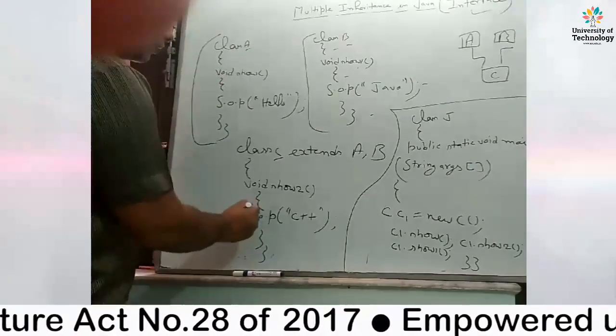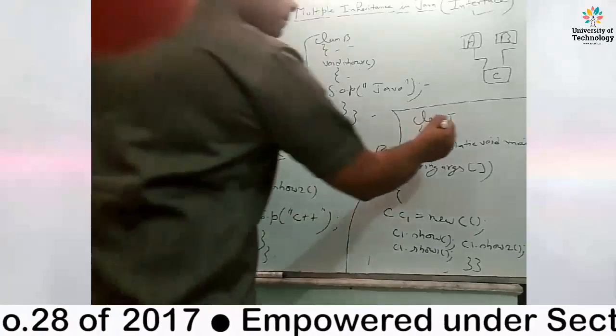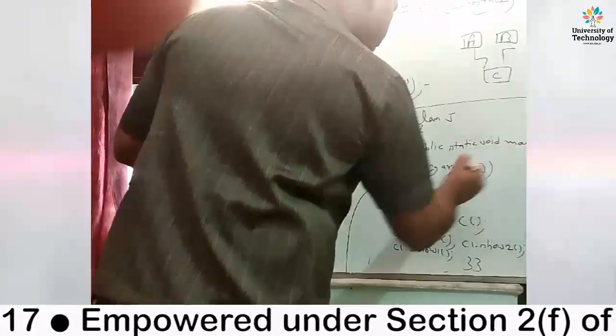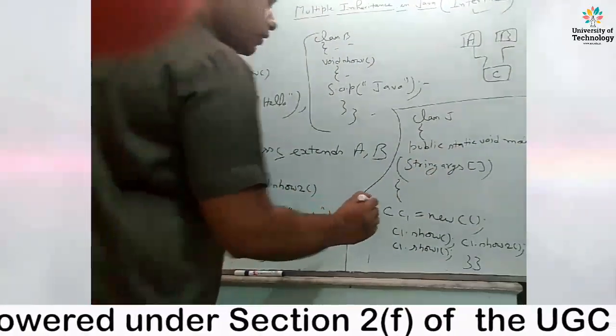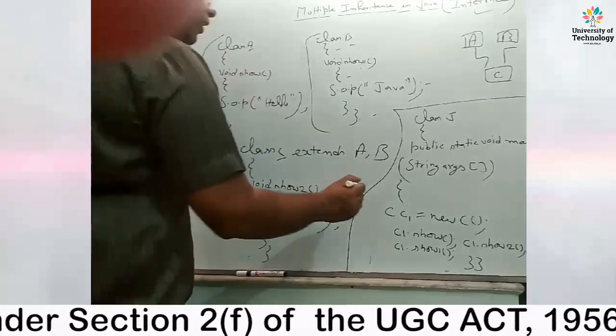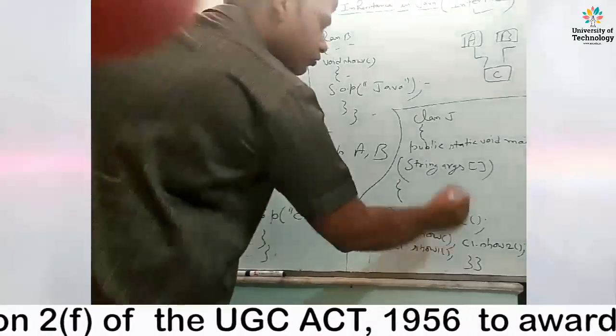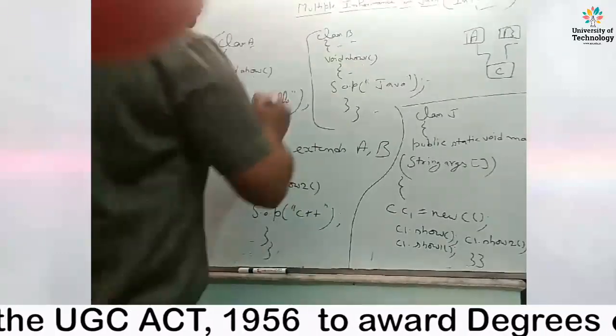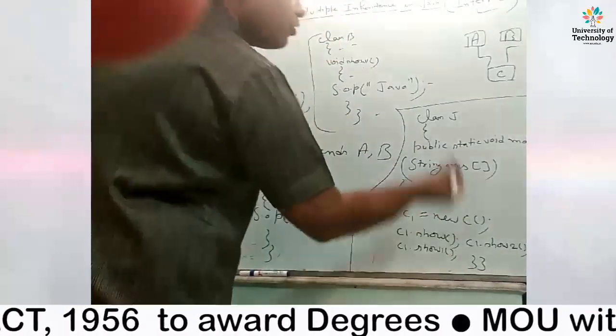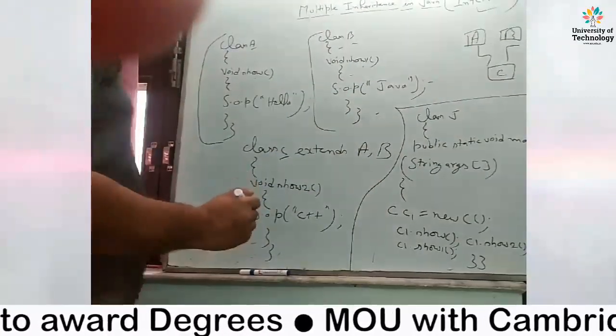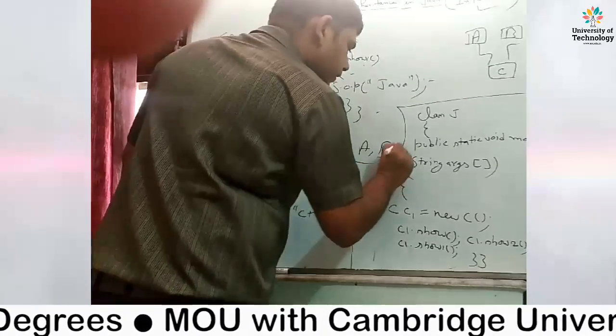Next, we close curly braces. Main class, public static void main, String args main method. Here we created an object of class C, C1 equal to new C, C1 dot show, C1 dot show1, and C1 dot show2. Actually, Java does not permit this thing.